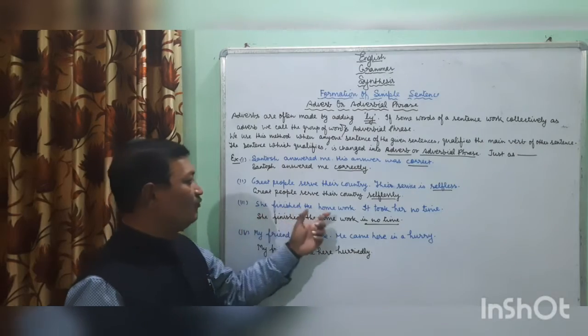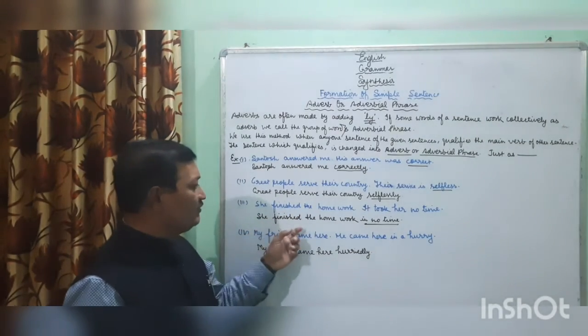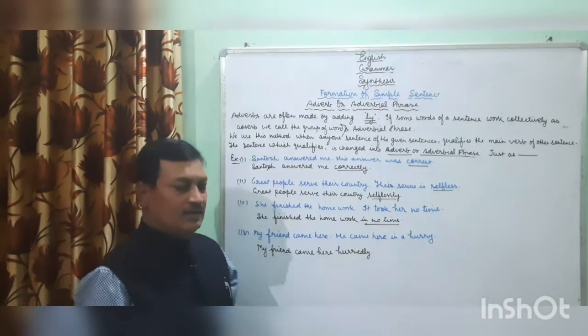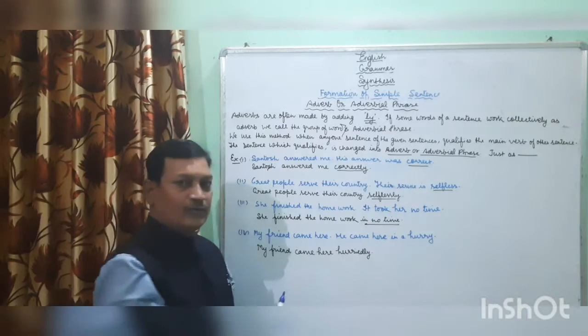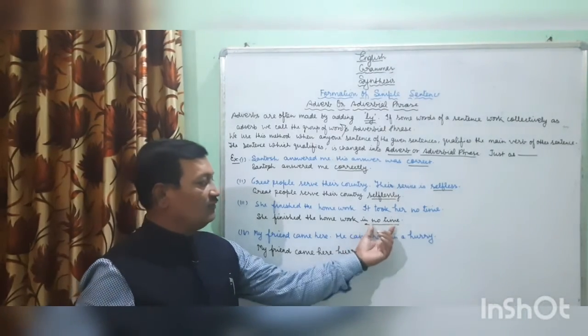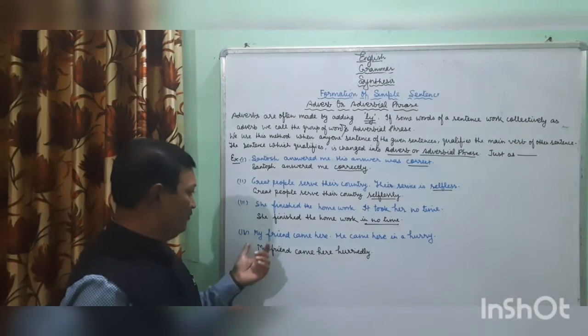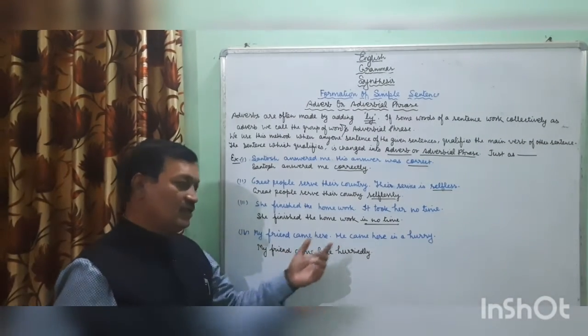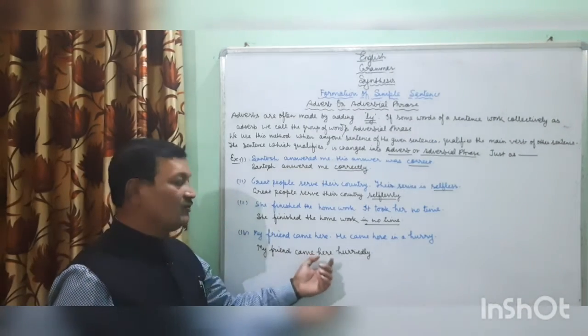She finished the homework. It took her no time. She finished the homework in no time. Students, here you can see a group of words. So this is an adverbial phrase. Let's see one more example. My friend came here. He came here in a hurry. My friend came here hurriedly.